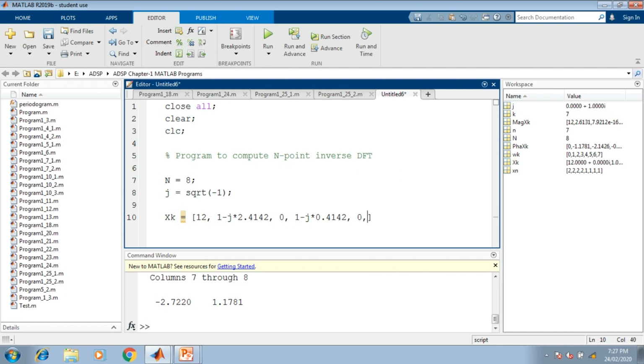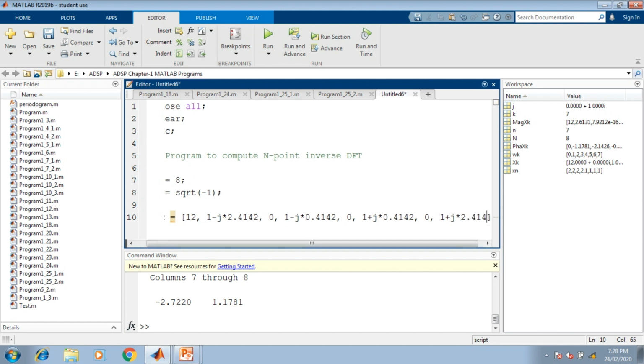Next to that we have 0, and the next element is 1 plus j times 0.4142, comma, the next element is 0. Then we have 1 plus j times 2.4142. So these are the elements that we obtained as the output of the 8-point DFT for the given discrete time sequence where the first 4 elements are 2 and the rest of the 4 are 1.